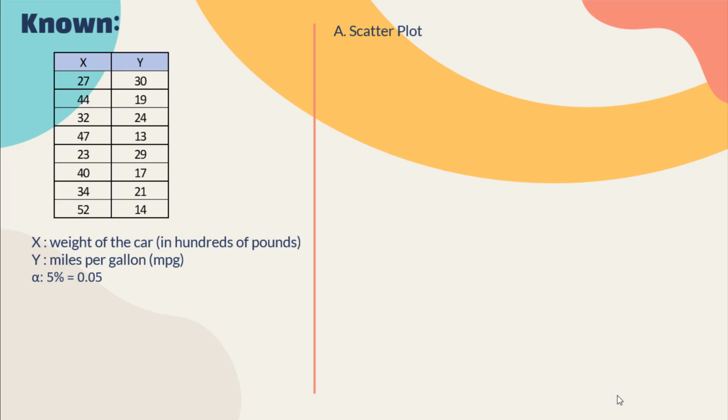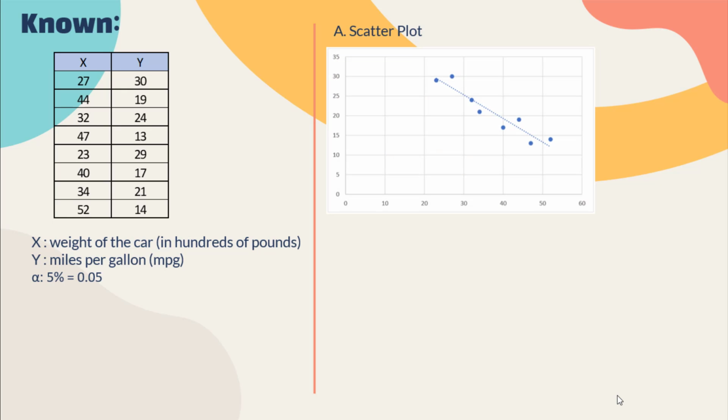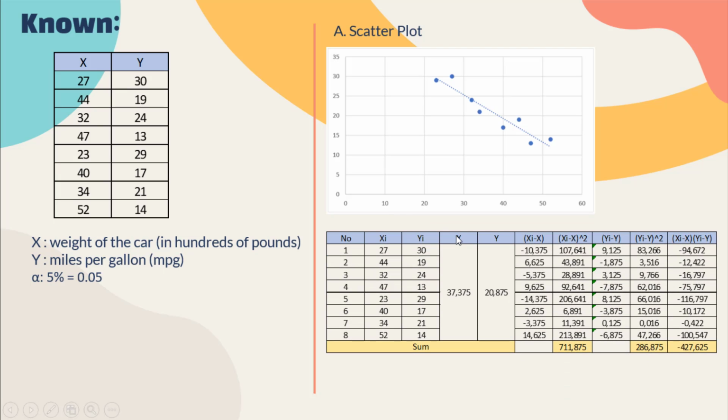For point A, we determine the scatter plot, and this is the scatter plot. We get the points of the scatter plot from the data in table X and Y. And then we calculate this table. I will explain to you in Bahasa.